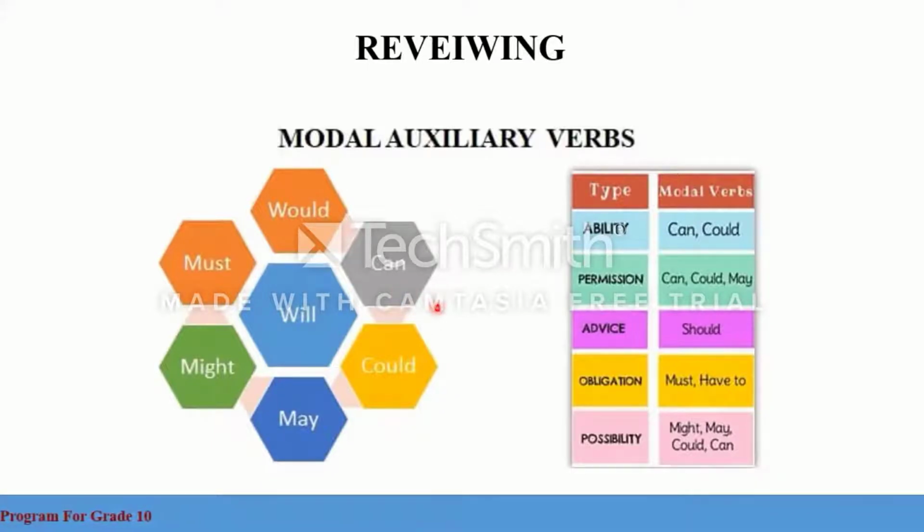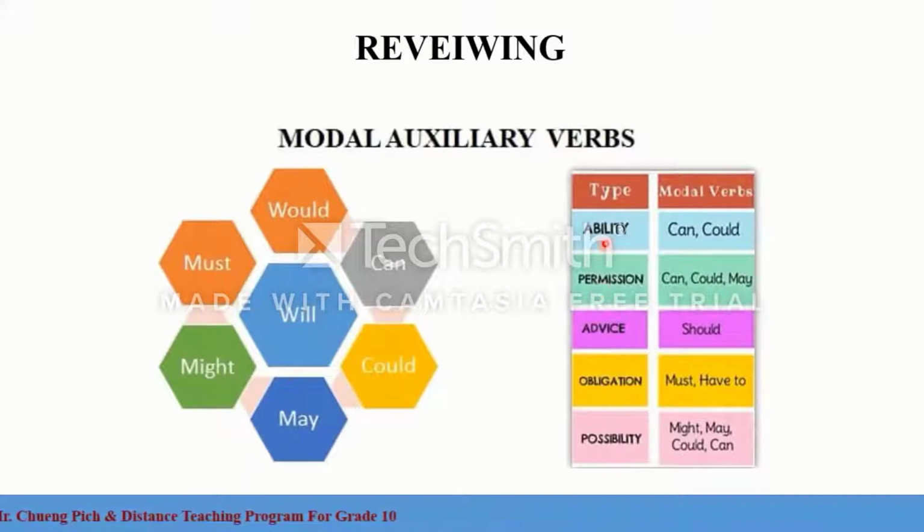We also added have to and should as well, because we have only a limited box here. We use each modal verb based on the purpose that we want to use it for.